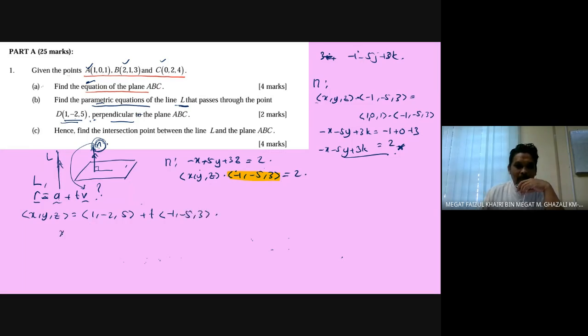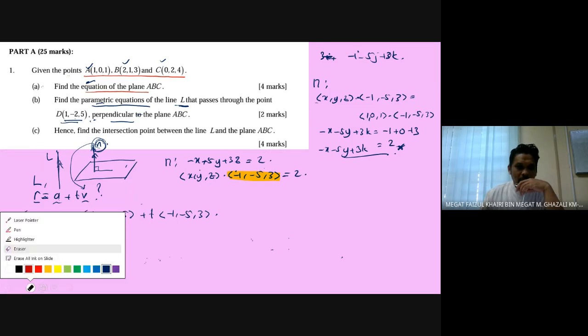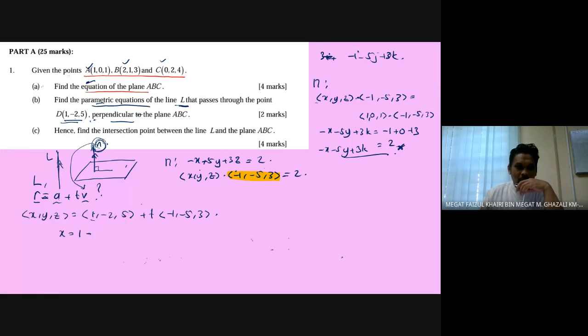So x equal to 1 minus t, y equal to negative 2 minus 5t, and z equal to 5 plus 3t.